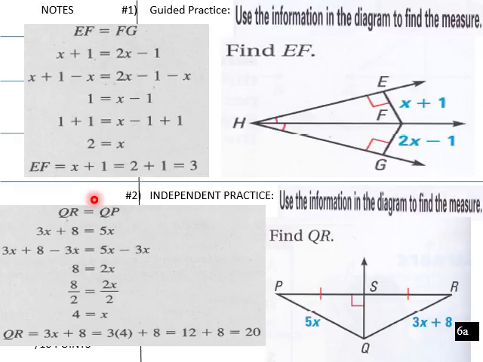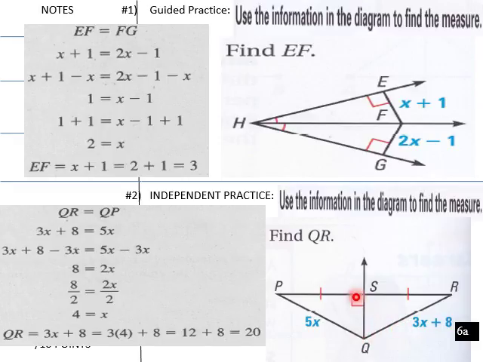And then down here, QR equals QP. We have the same thing here. So we solve for x, 4 equals x, and we plug that back in to find the length of QR. And we get 12 plus 8, which equals 20.